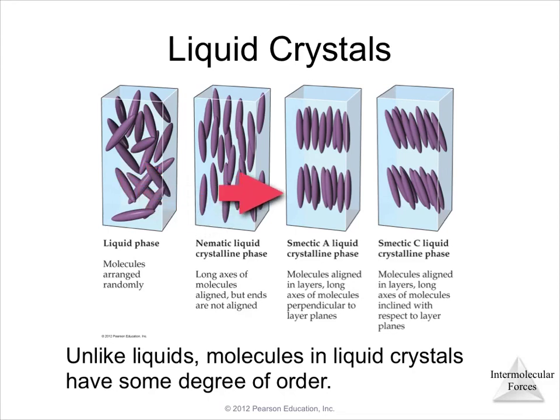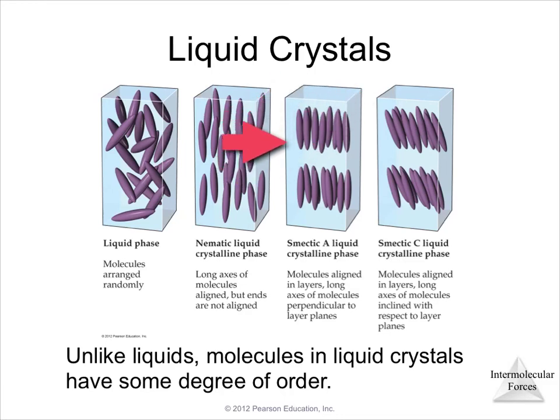We could also have something called a smectic liquid crystalline phase. We'll call this a smectic A liquid crystalline phase, where the molecules align in layers. The long axes of the molecules are perpendicular to the layer planes. So I'm actually getting planes of these liquid crystals, and I can see that these are more aligned with one another.